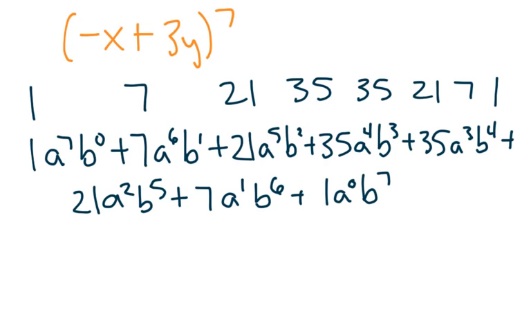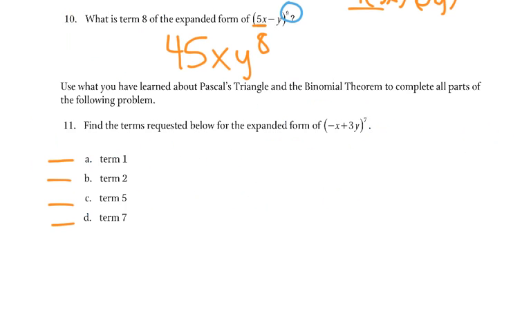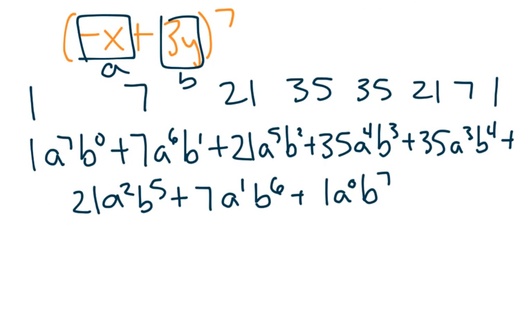Now, we could keep going and put a, which is negative x, and b, which is 3y, and figure this all out. But we only need term 1, 2, 5, and 7. Okay? Now remember, it goes 0, 1, 2, 3, 4, 5, 6, 7. So we wanted this one.